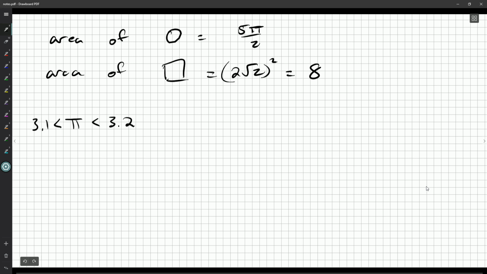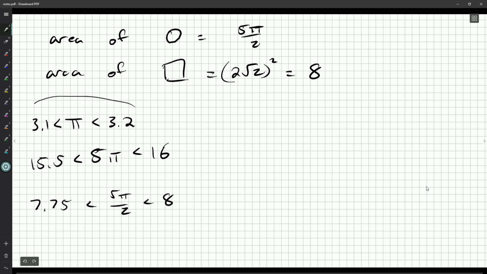So if I multiply by 5, I'll get 15.5 is less than 5 pi is less than 16, right? And then you divide by 2, and you'll get 7.75 is less than the area of the circle is less than 8.